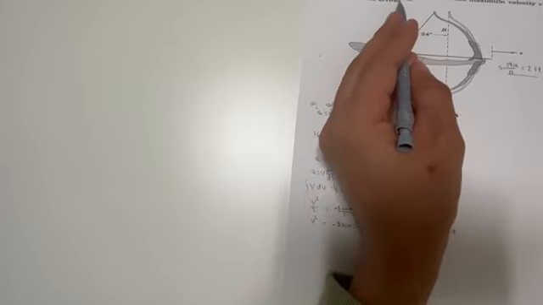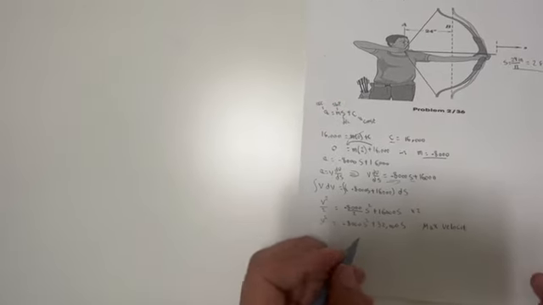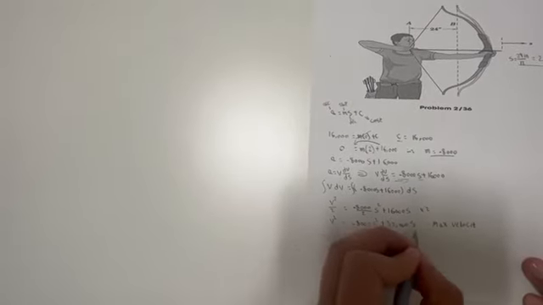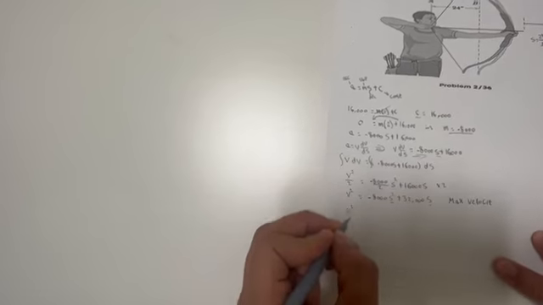When we need to get the maximum velocity, the maximum velocity is when the distance is 24 inches, which is 2 feet. So we'll remove s and we'll put 2 to get the maximum velocity.